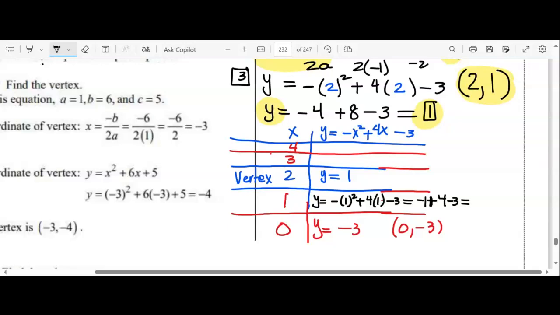Yes, mister. What's the answer? 0. So your point here is going to be 1 and 0. Now let's go for x equal to 3. Yalla, everybody do x equal to 3. If you replace x by 3, how much is y?